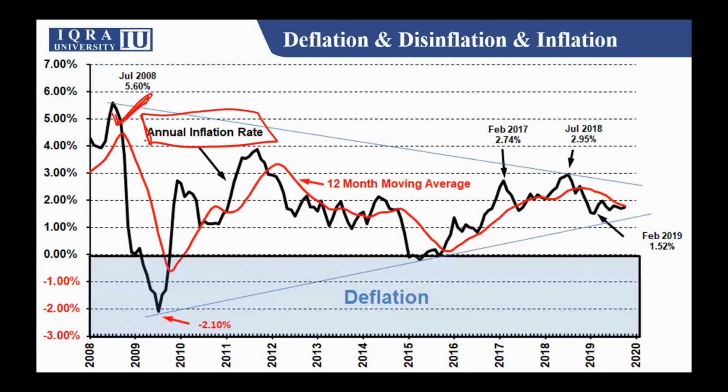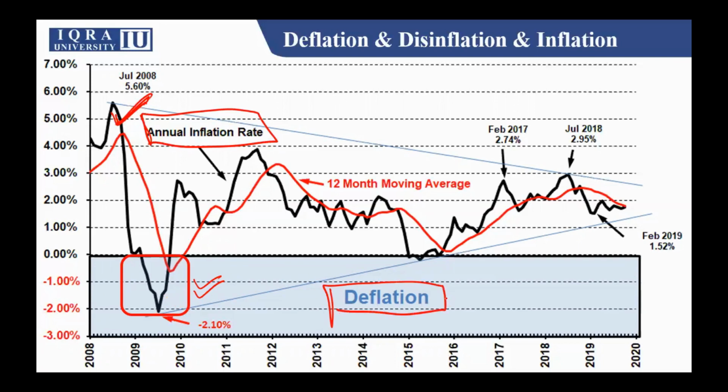What we have to see in this inflation graph is that this black line is falling and becomes negative. When it becomes negative, which is highlighted by a square here, from 1% to -1% to -2%, and it remains negative, that is known as deflation.